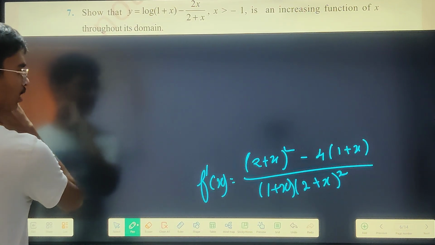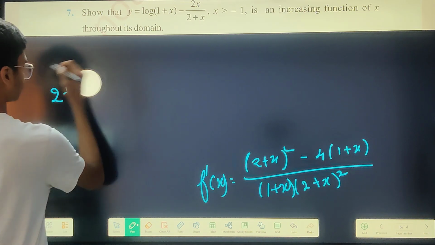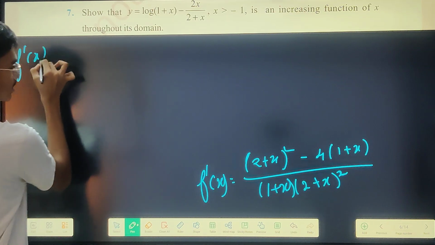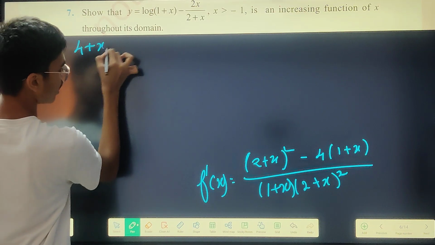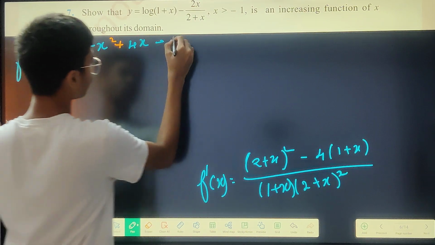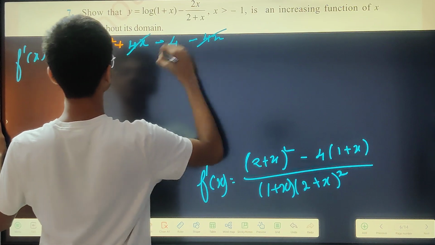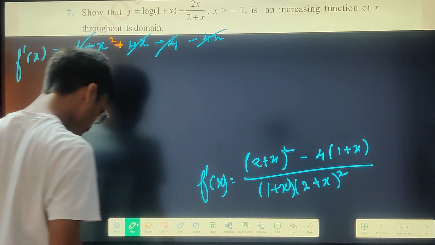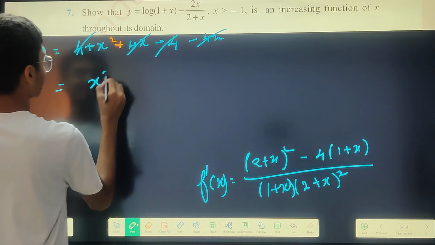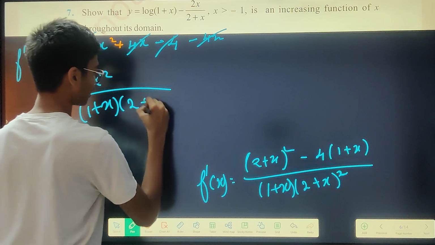So first, f dash x is equal to 4 plus x square plus 4x minus 4 minus 4x. Now I get it. This is why the answer key should be near to me, because I can cross check it.